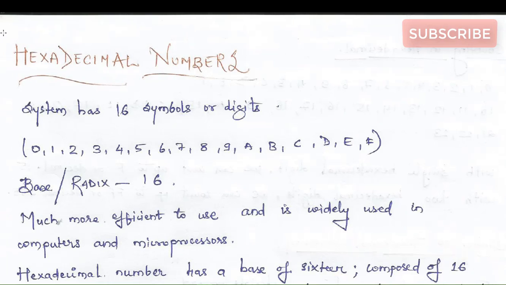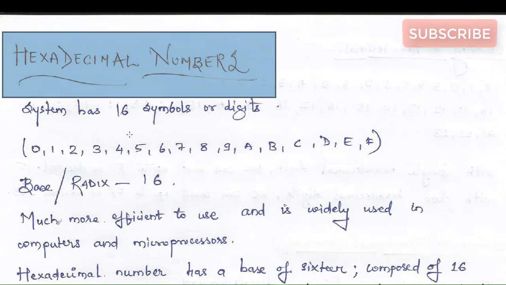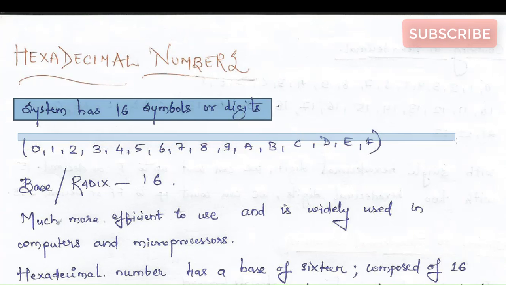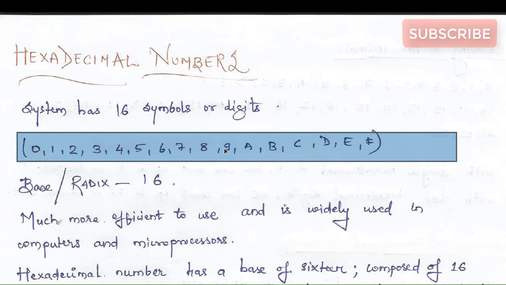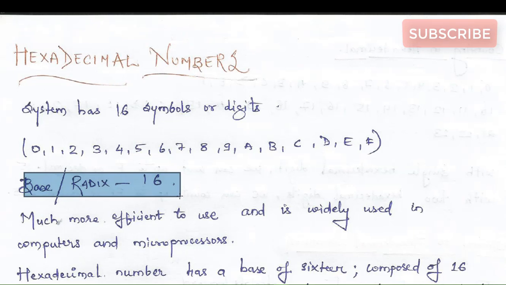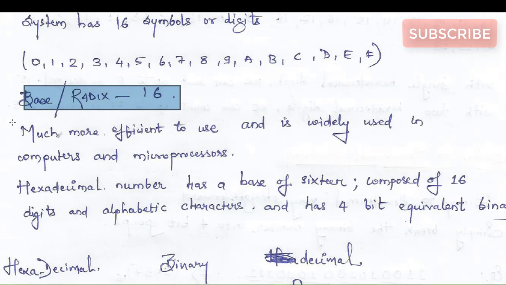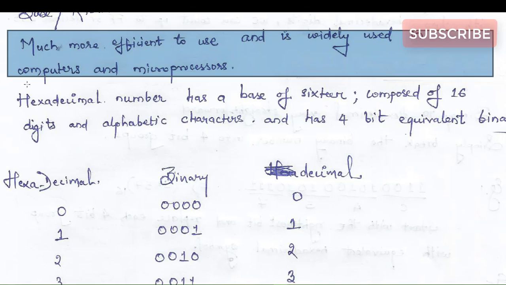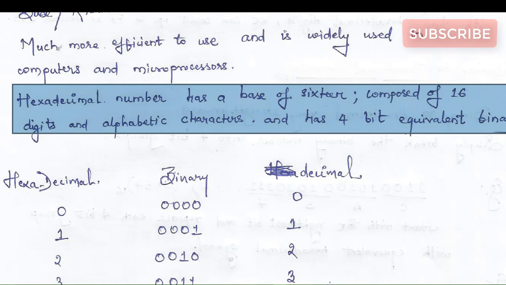As the word suggests, the hexadecimal number system means you have 16 symbols, and these are 0 to 9, then A, B, C, D, E and F. The base and radix is 16, and it is much more efficient to use and is widely used in computers and microprocessors. The hexadecimal number system has a base of 16, composed of 16 digits and alphabet characters, and has a 4-bit equivalent binary.